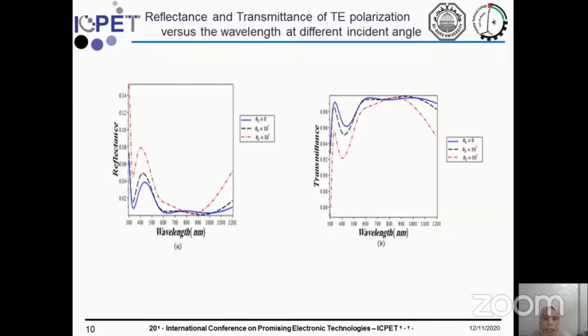Reflectance and transmittance of TE polarization versus the wavelength at different incident angle. As we see in figures, as the incident angle increases, the reflectance increases.